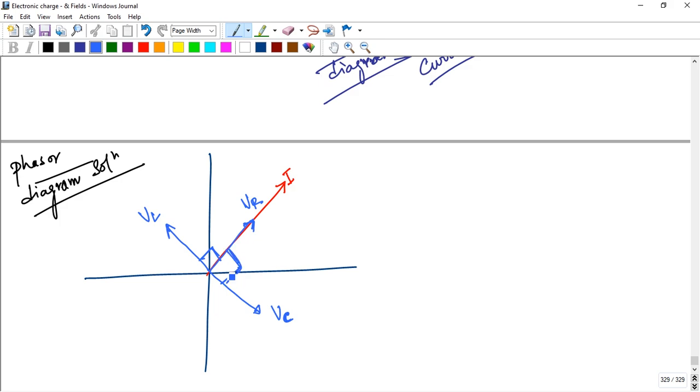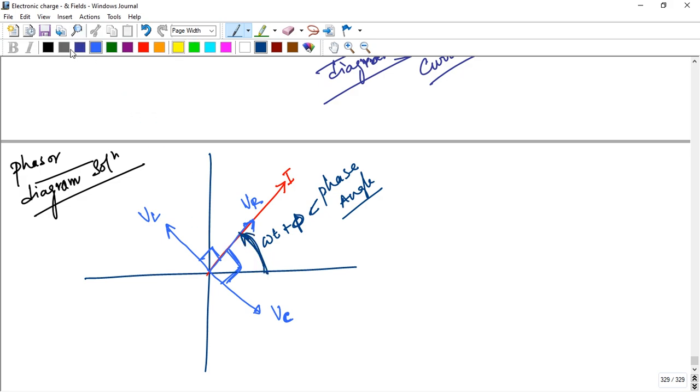Suppose the rotation is omega t plus phi, where phi is the phase angle. The rotation is anti-clockwise here.